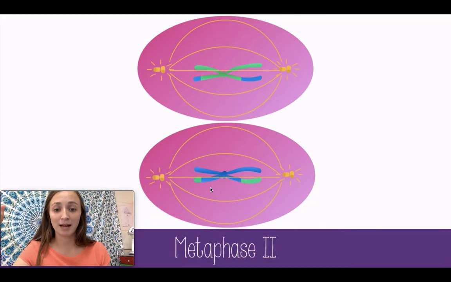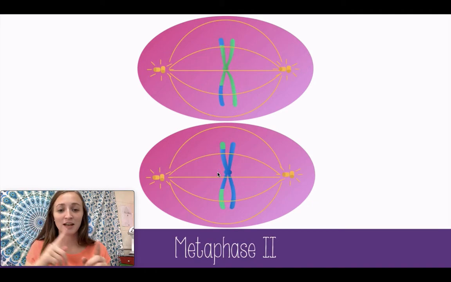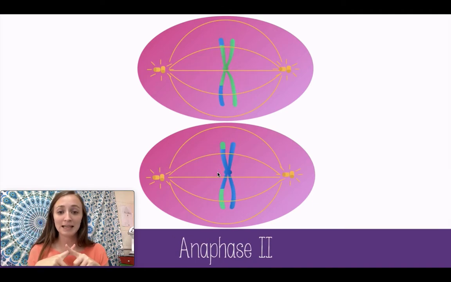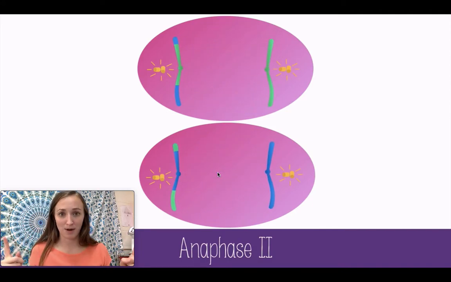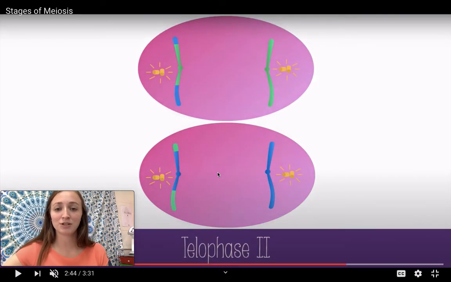So eventually they're going to line up in the middle, just like that. And then during anaphase 2, the chromatids, or those 2 lines in that X, are now going to separate. So you can see, and I'm actually going to pause it because this is gorgeous. This is exactly what you need to see. Now that those X's, or those chromosomes, have separated, you can see that the genes on both of those chromatids are not identical.